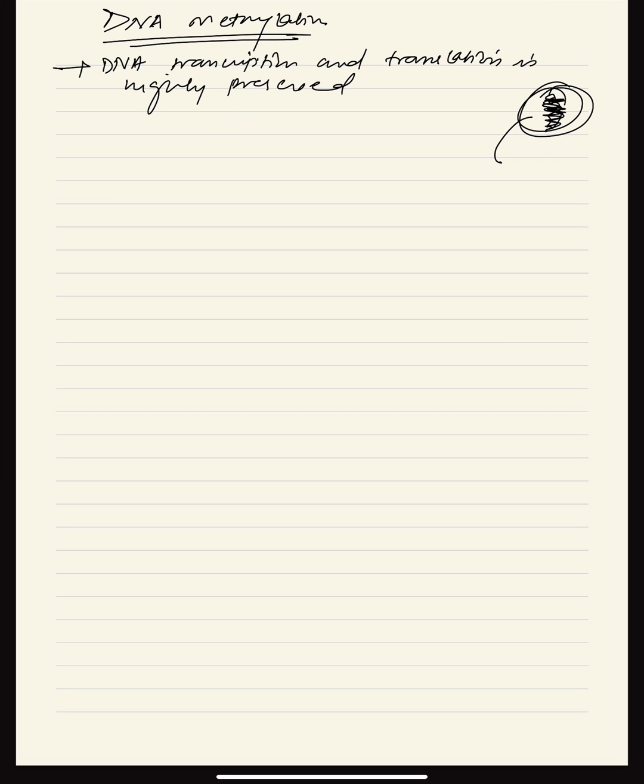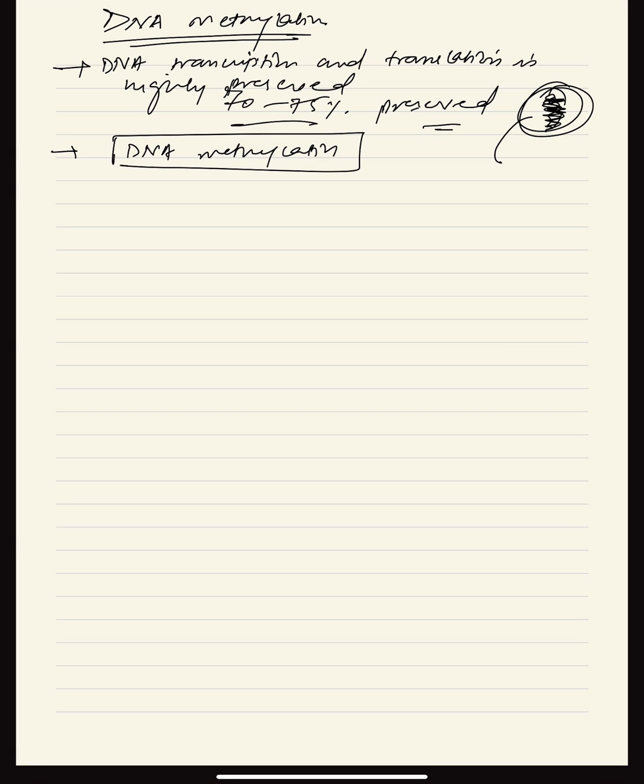Because when we say that 70 to 75% is preserved, why is it preserved? Because of methylation. What is DNA methylation, basically? DNA methylation is that there is a methyl group, right? From its very basic meaning, there's a methyl group, which is CH3.